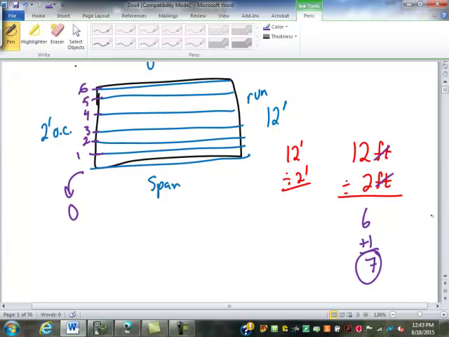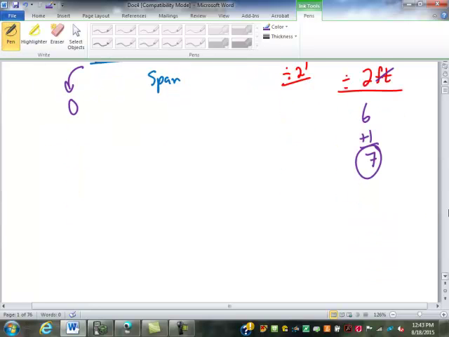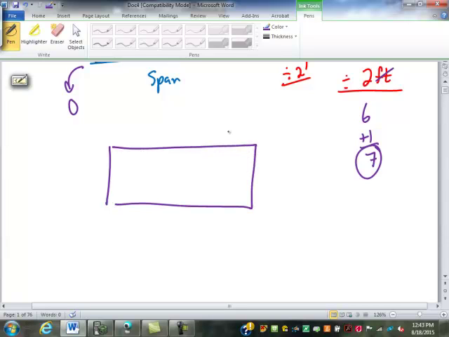Now the other side of that, there are some applications where you don't want anything at either end. For example, if you have a bundle of lumber that's going to be, let's say it's an 18-foot bundle of lumber and it's going to be strapped every 3 feet.